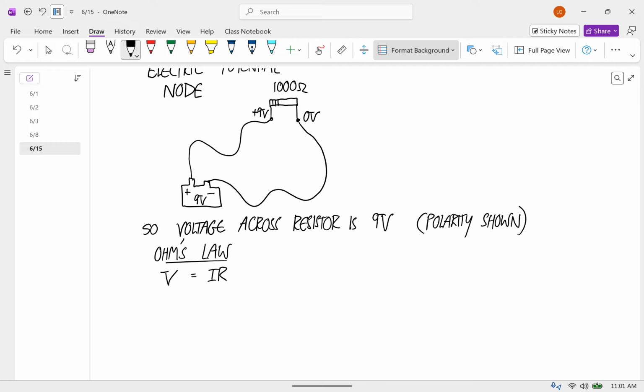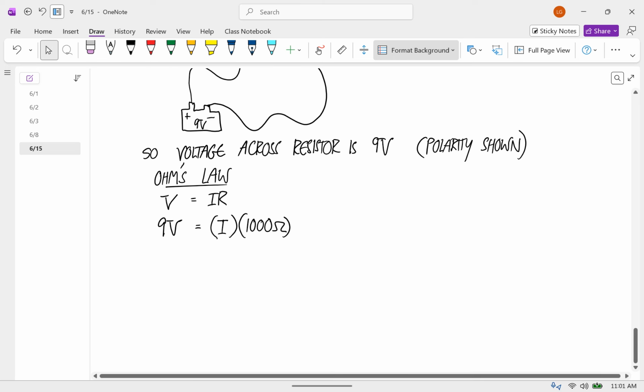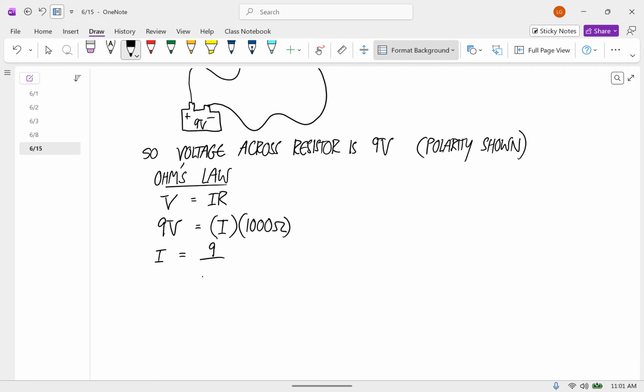I is the current. And so 9 volts is equal to the current that we're trying to find times 1,000 ohms. And so the current is equal to 9 divided by 1,000. And if you divide that out, you get 0.009 amps.